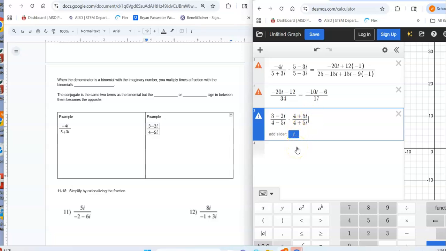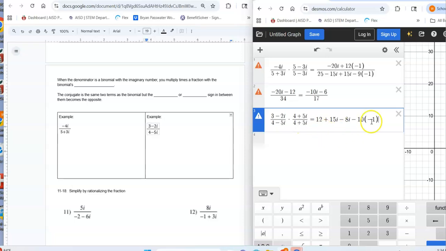Now this problem's going to be kind of crazy looking because the numerator gets pretty crazy looking for a second. So let's do this. 3 times 4, 12. 3 times -5i, -15i. Negative 2i times 4, negative 8i. Negative 2i times negative 5i, positive 10i squared, and i times i is negative 1.